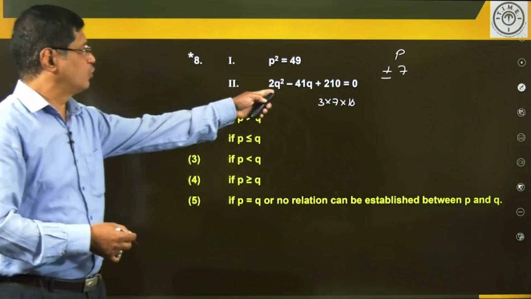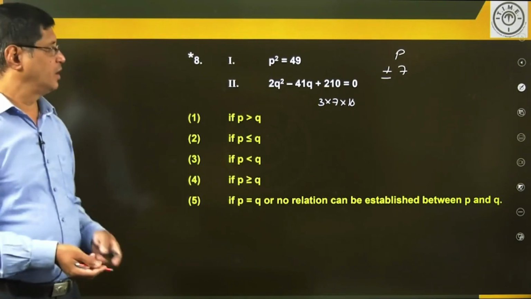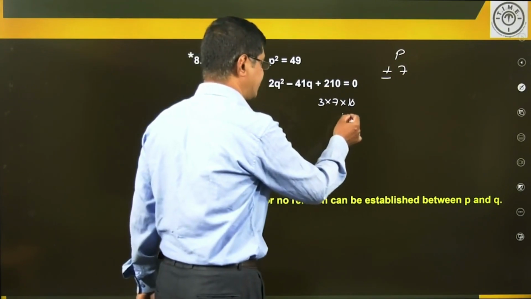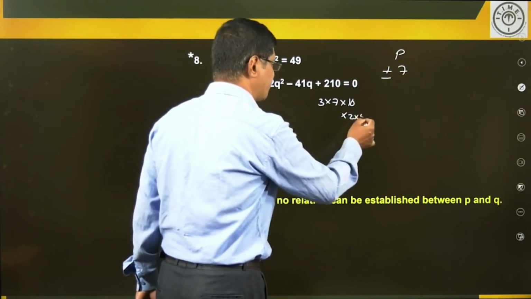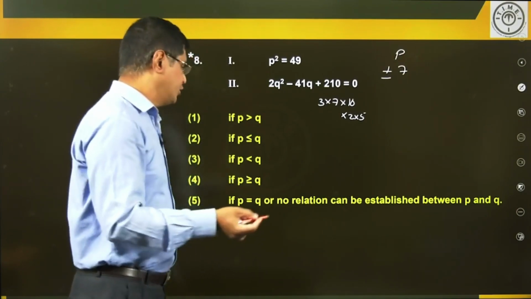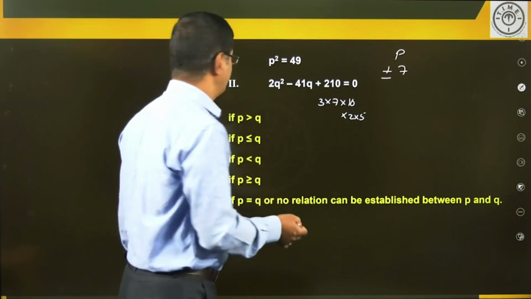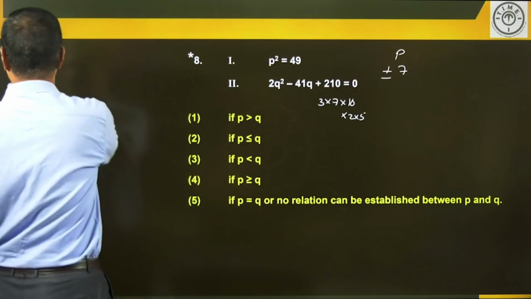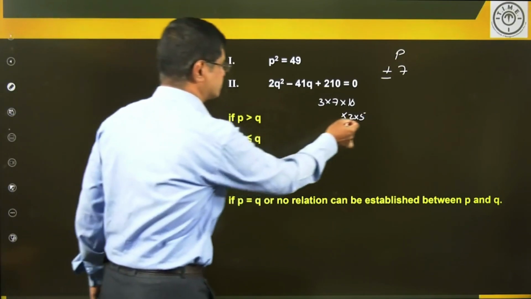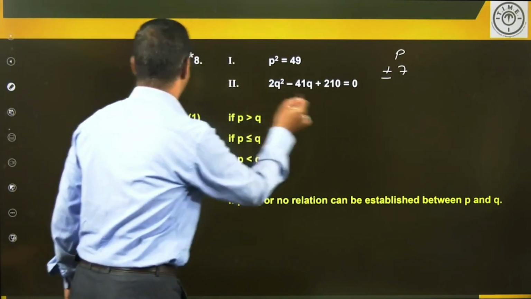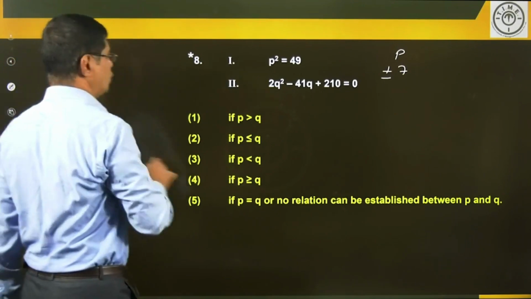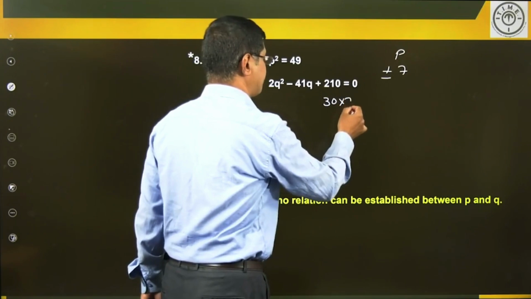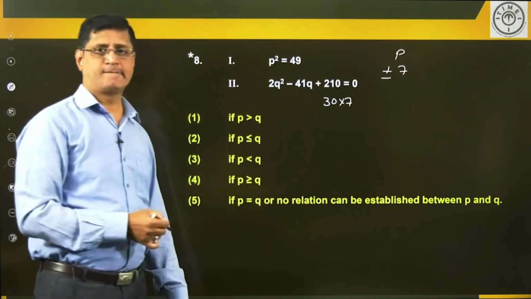Now, just observe how to get the middle value. How to get the middle value? Here we can write this as 2 into 5. Or one more way I will show you. You can write like this. 210 means 30 into 7.